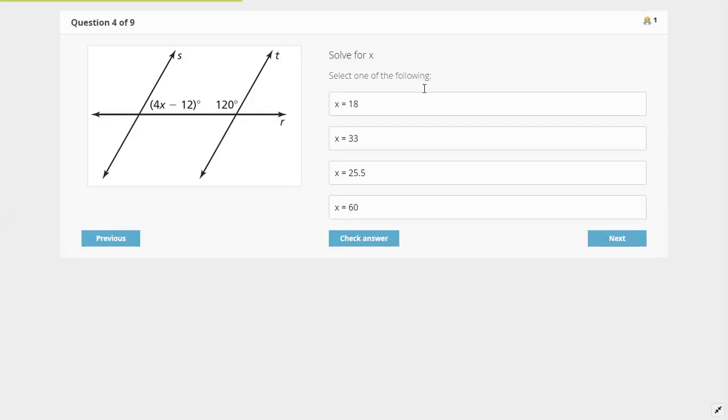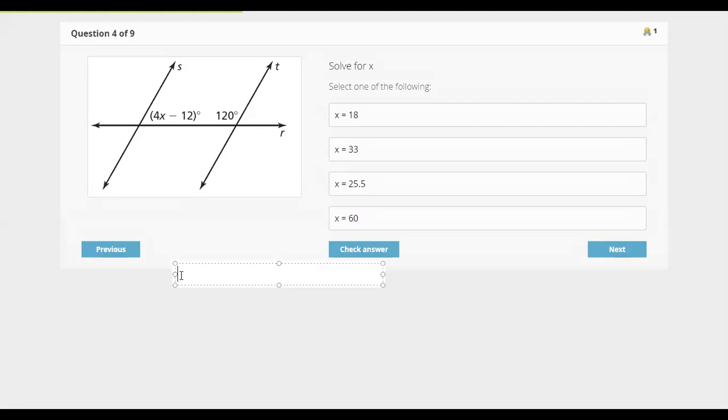Very good. First, we can say, what is the relation between the two angles which he gave to us? They are consecutive interior angles, and we can say that their sum should be equal to 180. So like Reem said, 4x minus 12 plus 120 equal 180.